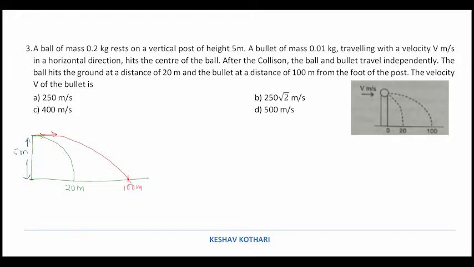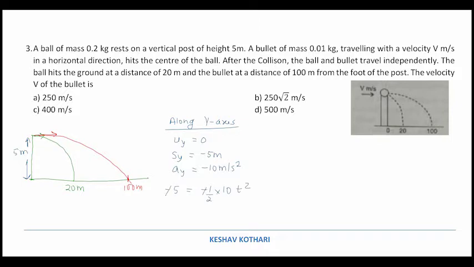So we begin with the motion along y-axis. Along y-axis, for both the particles, the initial velocity along y-axis is 0, the displacement along y-axis is minus 5 meter, acceleration along y-axis is minus 10 meter per second square. If we solve for time, we can write s is equal to ut, which is 0, minus half 10 t square.